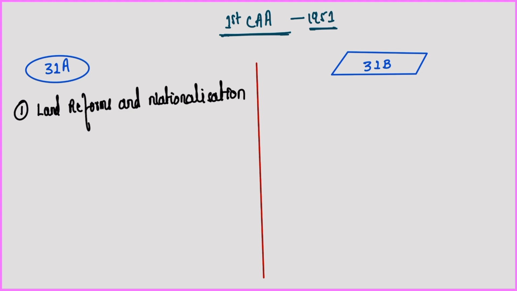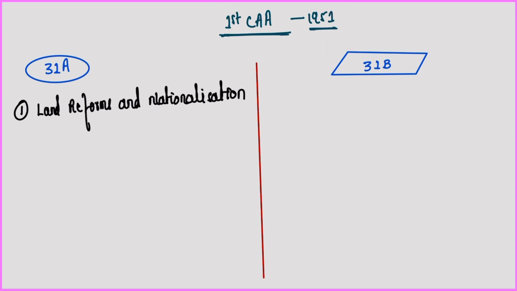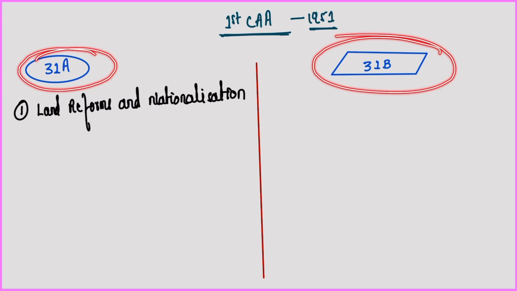So, the Parliament of India introduced the First Constitutional Amendment Act. Now, the First Constitutional Amendment Act is important for other reasons also, but it introduced two new articles in the Fundamental Rights chapter. And these two articles are called 31A and 31B. Okay.